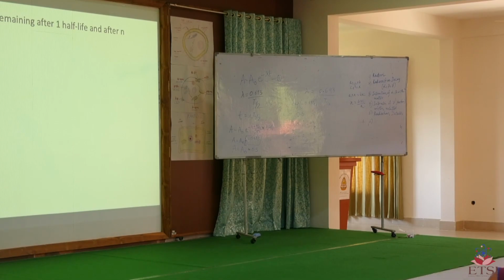What is it? Does it come in the numerator or the denominator? No, this will come in the power, right? And in the power, 2 to the power n, then for 3 half-lives. So this is 2 to the power n, right? A naught divided by 2.